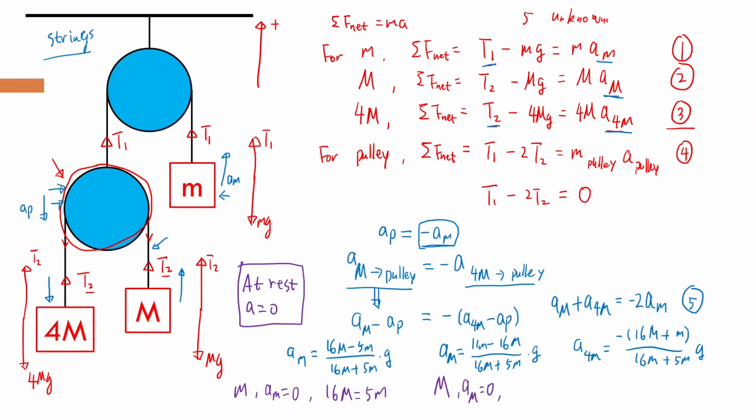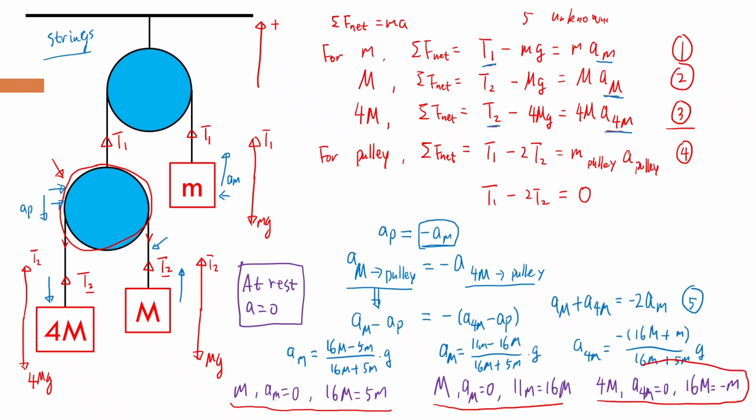In this case, 11 small m equals 16M. And if I want the 4M to be at rest, I just let a_4M equal 0. In this case, I got 16M equals minus small m. As you can see, I can let small m be at rest, and I can let big M be at rest, but I cannot let 4M be at rest.